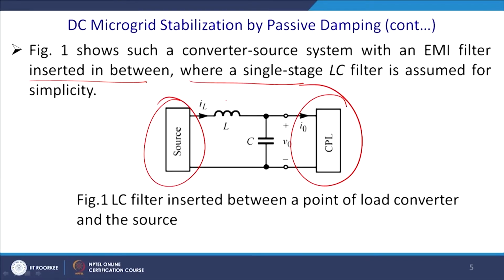This is the filter, and since we assume that there is no resistance here, any step change or any change will have a sustained oscillation in the system, and thus we are required to provide proper damping.